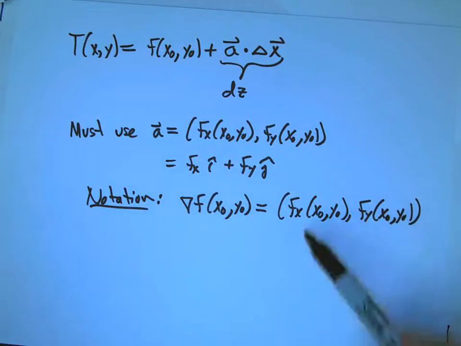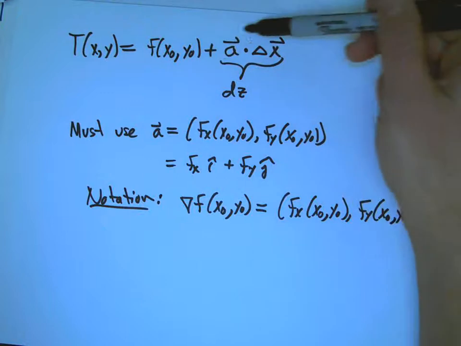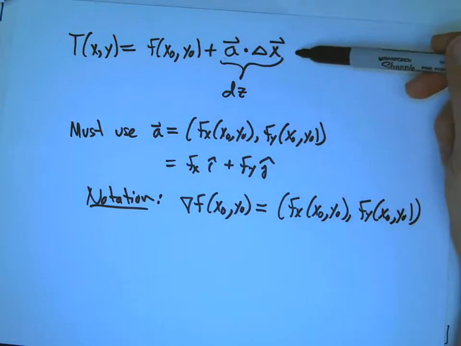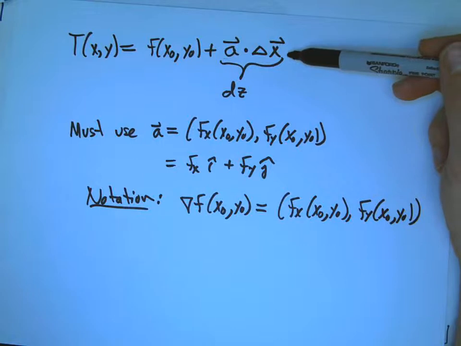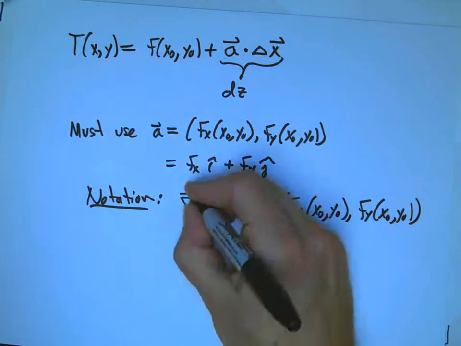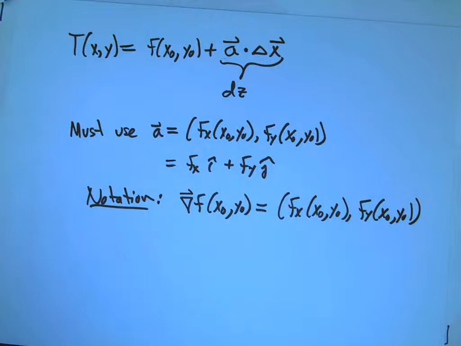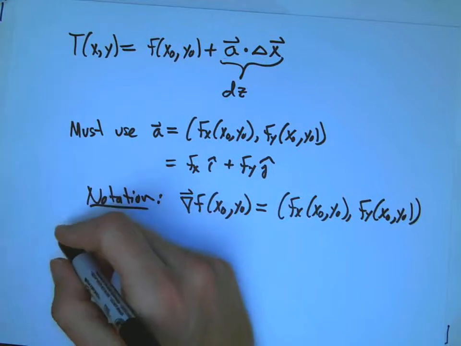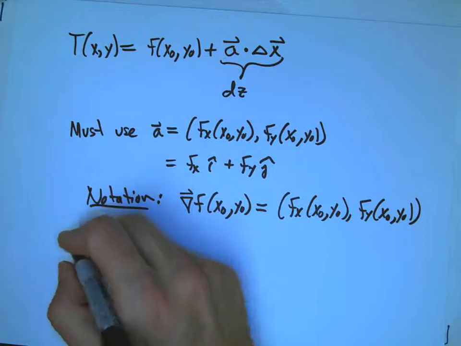It's a vector sitting at that point which encodes both partial derivatives, and more important, by this equation, it encodes all of the linear approximations you could possibly want to do in any direction of that function. And I'm going to put a vector sign there. Some people would put a vector sign, some people don't.